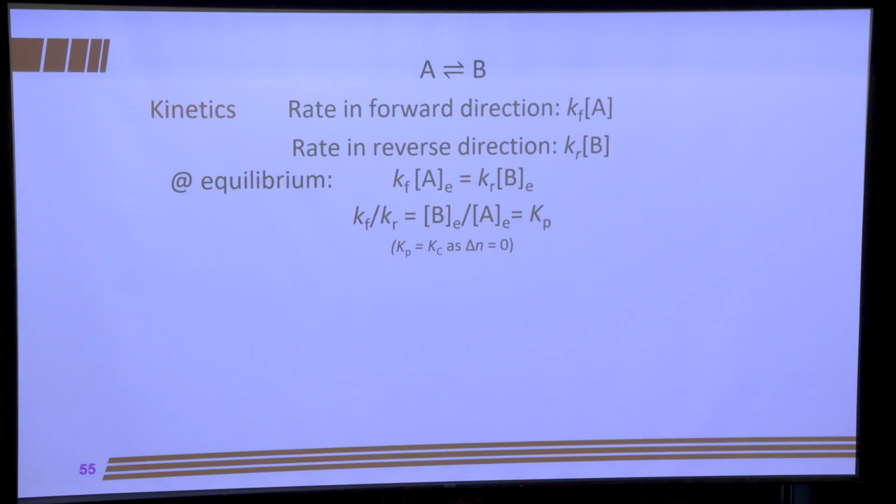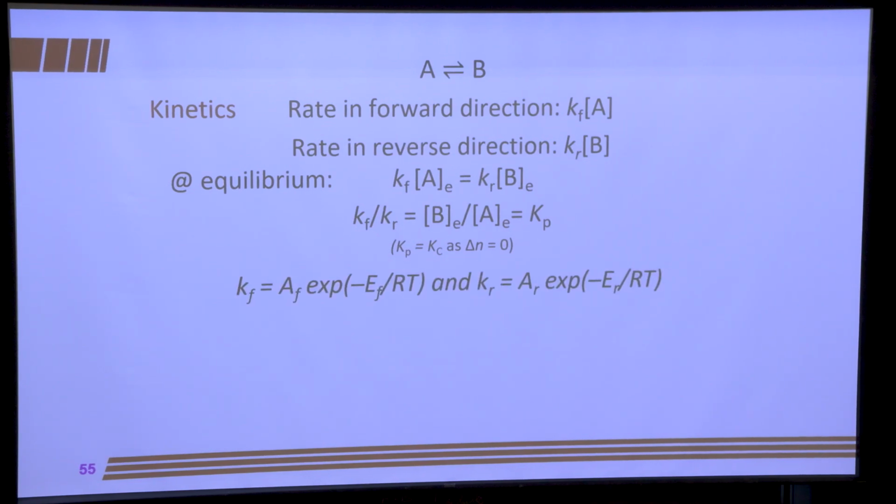If the change in number of moles is 0, then Kp and Kc are equal. If not, then Kp is equal to Kc times RT to the delta N. So you can calculate Kp from Kc, but you have to multiply by RT to the delta N. You would probably have been shown that before. So Kp is equal to Kc as delta N is equal to 0.